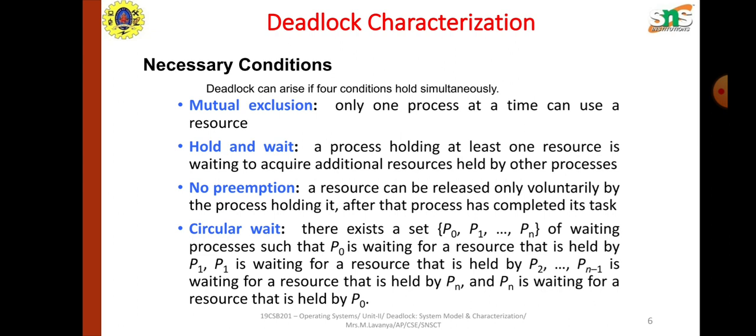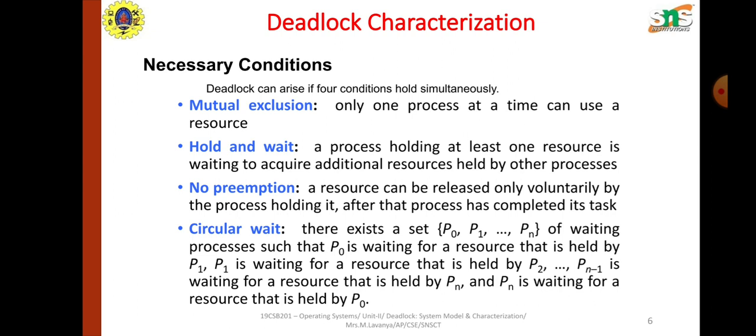Then the fourth condition is circular wait. Circular wait is where one process holds a resource, and for completion it needs a resource held by another process, and so on.